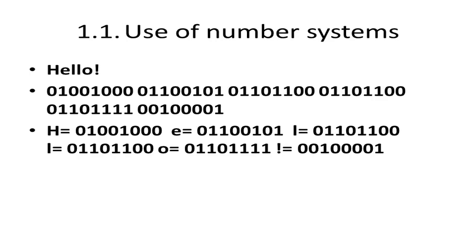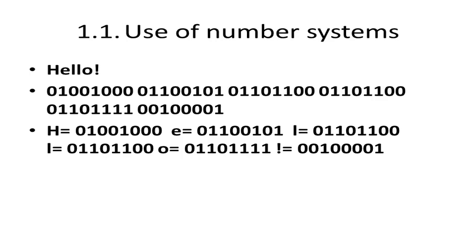Now you can see H equals 0 1 0 0 1 0 0 0. E equals 0 1 1 0 0 1 0 1. What is the meaning? It means each letter is represented by a binary number, not a digit, a binary number.